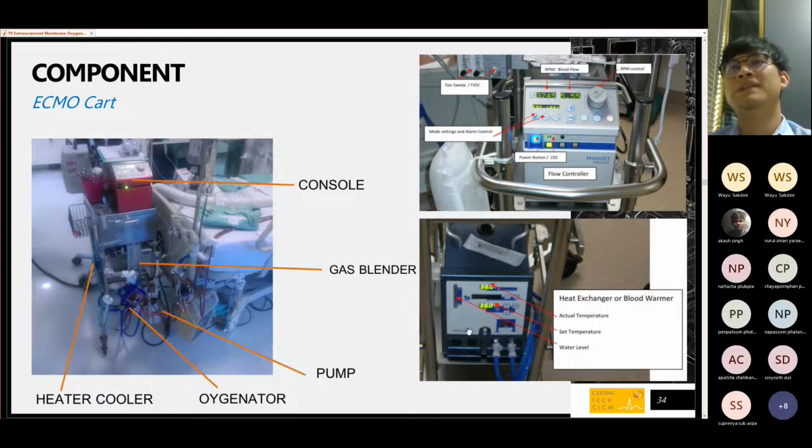From the heater-cooler, you can see the display like the water level beside here, the outlet temperature that goes out to the patient, and the setting temperature here. And for the control panel, you're going to see blood flow and flow control. You see here sweep gas and also the display for alarms. Okay.